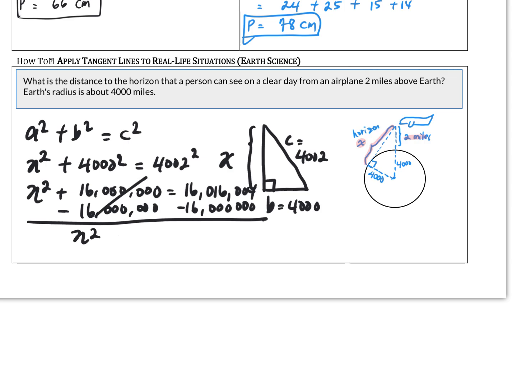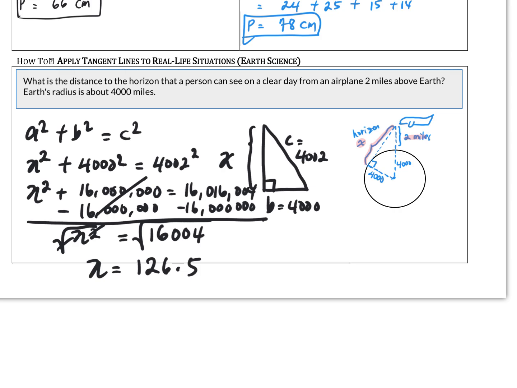This is going to be 0, and here it's going to give me only 16,004. So now I'm going to take the square root of both sides. Therefore, my value of x here is going to give you 126.5.